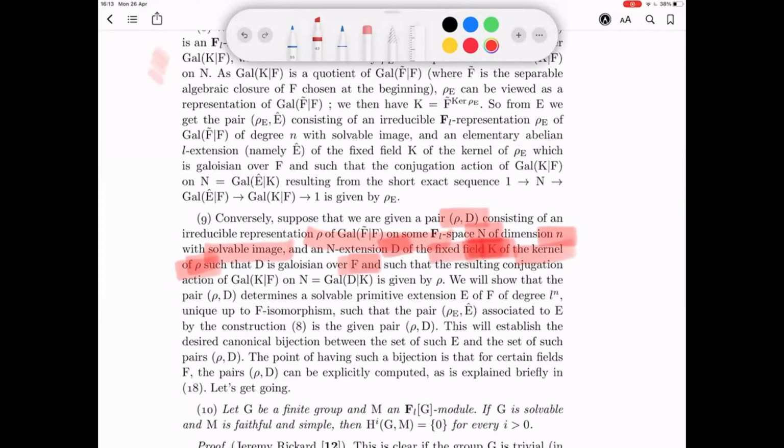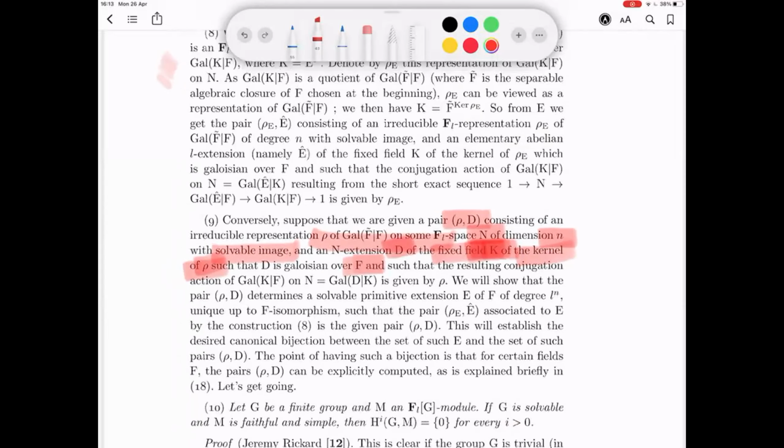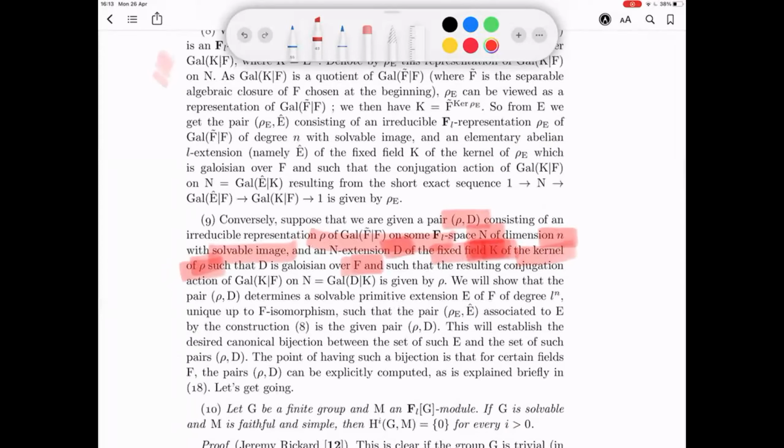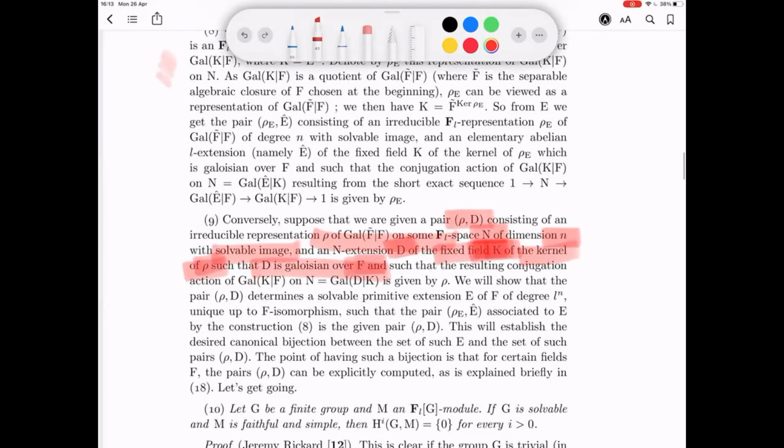It should be Galois over K, and the Galois group should be isomorphic to N, with a given isomorphism to N. Secondly, it should be Galois over F. And thirdly, once it's Galois over F, you have what is called the conjugation action of the Galois group of K over F on the Galois group of D over K. So that conjugation action should be given by the first component, rho.